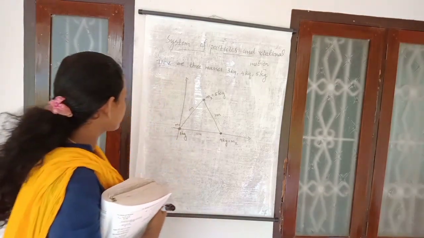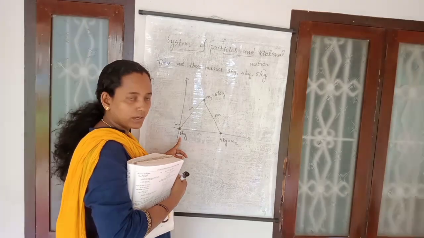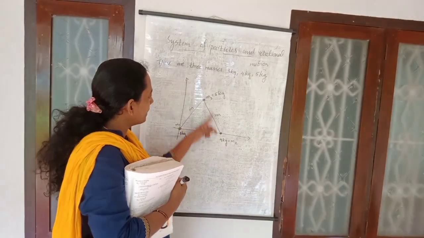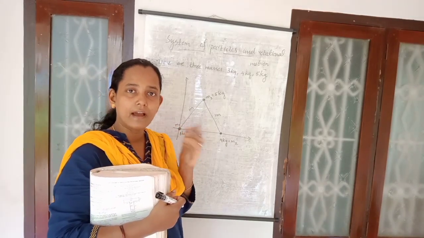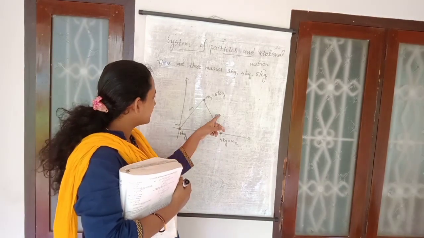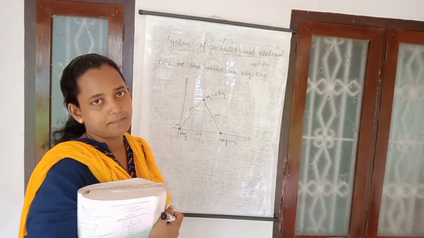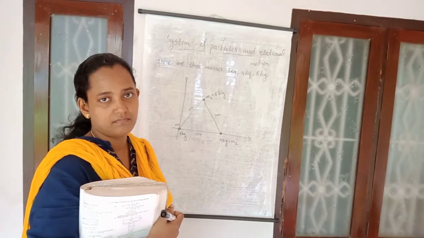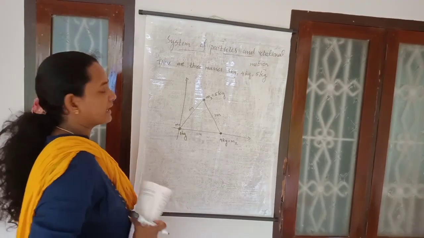So here there are three masses, m1 3 kg, m2 4 kg, m3 5 kg, located at the corners of an equilateral triangle of side 1 meter, meaning each is separated by a distance of 1 meter, and it is in a plane. And they asked to locate the center of mass of this system of particles.